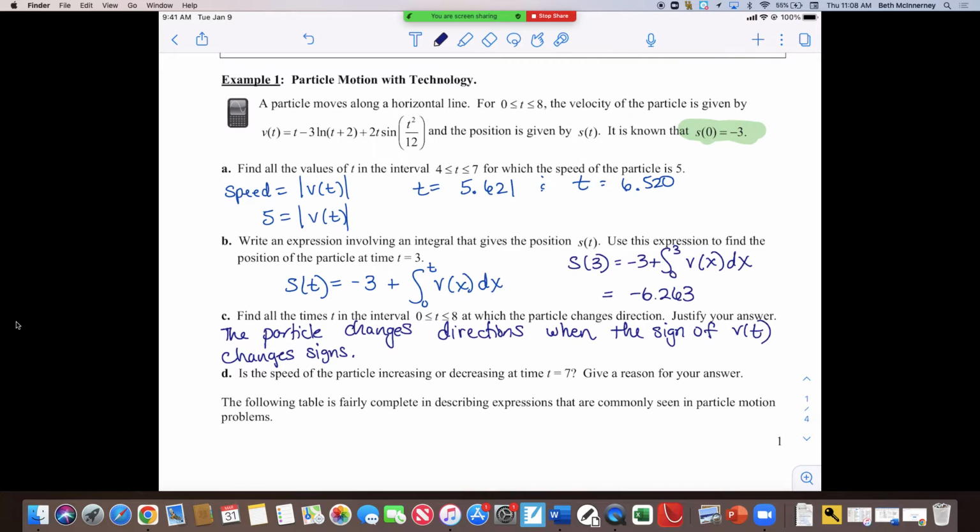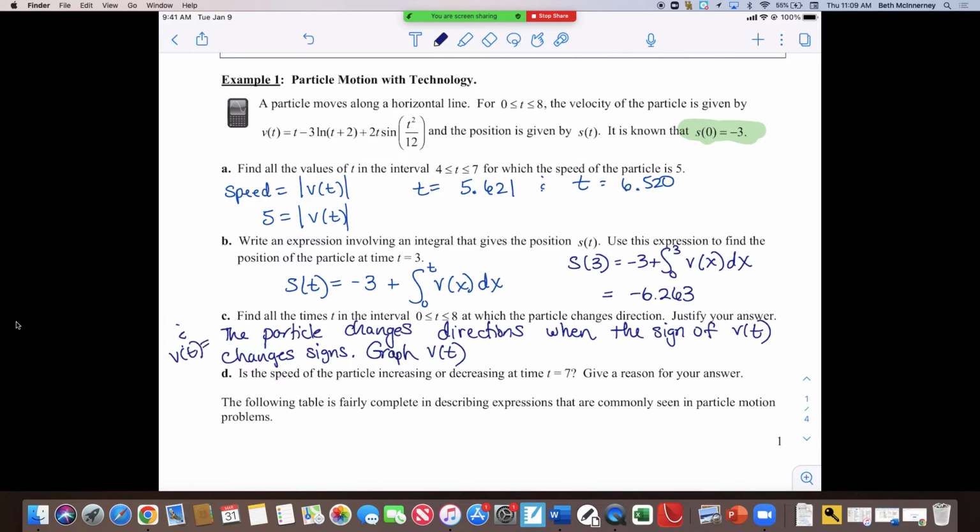What you should be able to do is tweak your graph from letter A pretty quickly. This is why you want to define your functions. If I want to graph v of t, and maybe I want to call it v of x, then what I want to do from 0 to 8 is see where v of t is 0. So let's write that down.